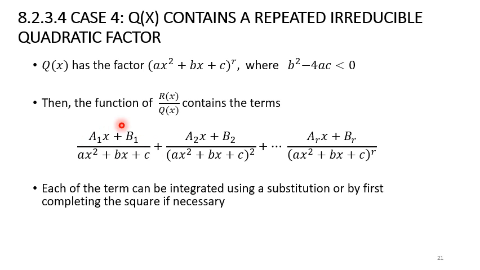So you have the first one, instead of just a coefficient, you have the numerator as a linear function. Then you repeat the denominator to r number of times it is being repeated. So each of the terms can be integrated using a substitution or by first completing the square if necessary. It depends on the question you are given.